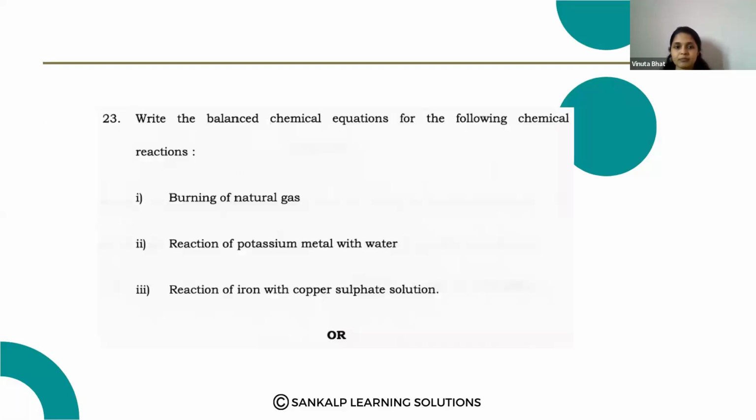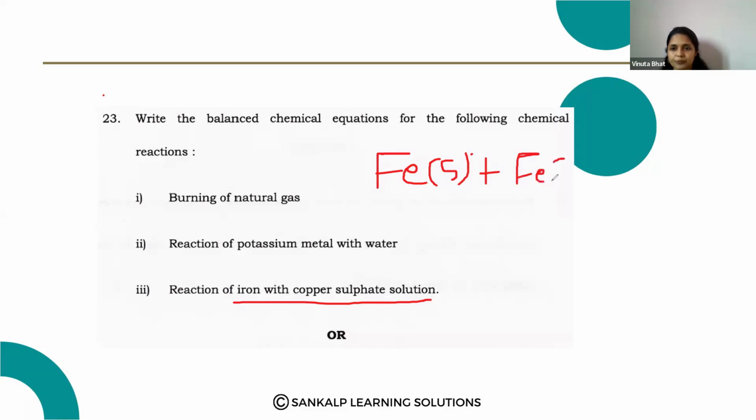Last one, reaction of iron with the copper sulfate solution. Iron, that is Fe, plus copper sulfate, it forms FeSO4. I will write the products here, copper.